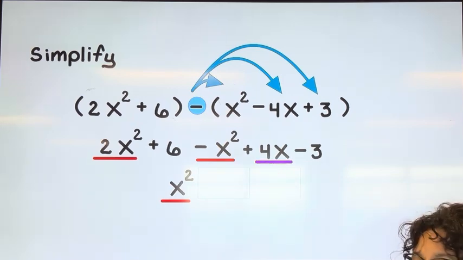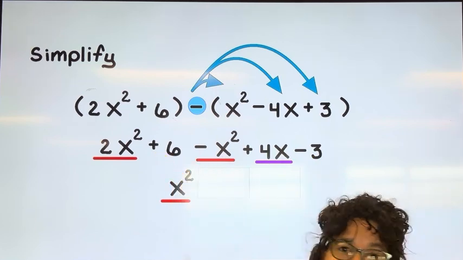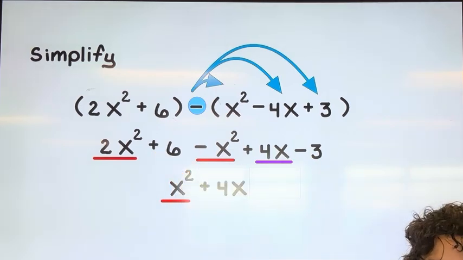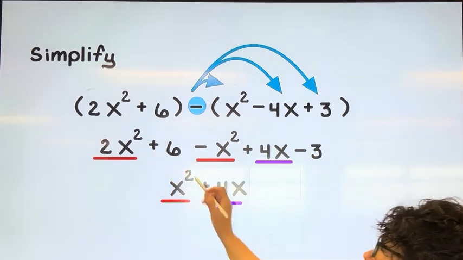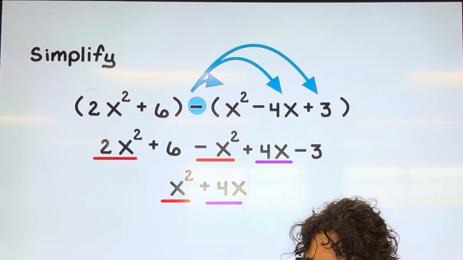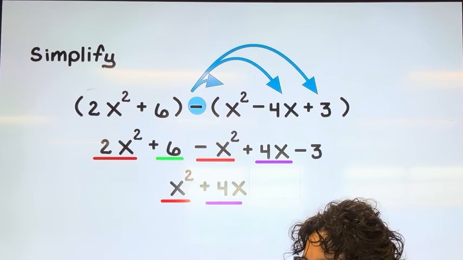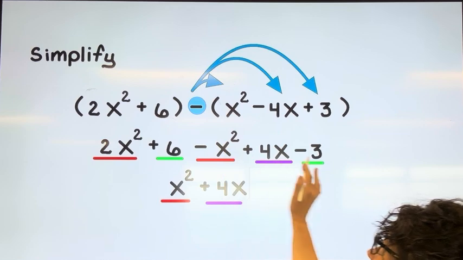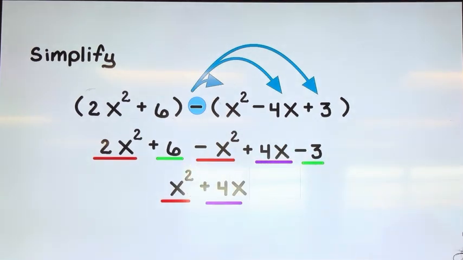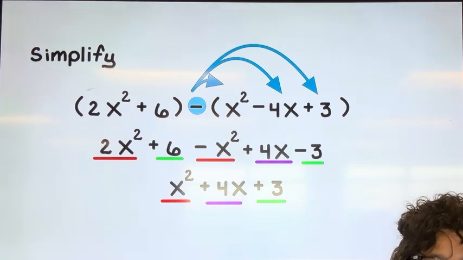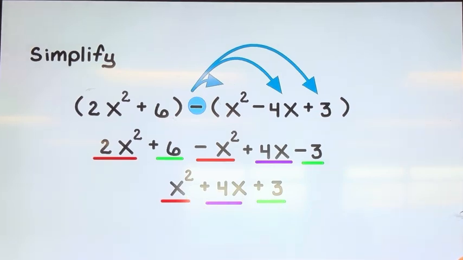We have 4x, but no other like terms with 4x, so I'm just going to bring down the 4x. And then finally, this 6 right here and the negative 3, these are like terms. 6 minus 3 is 3. So my final answer is x squared plus 4x plus 3.